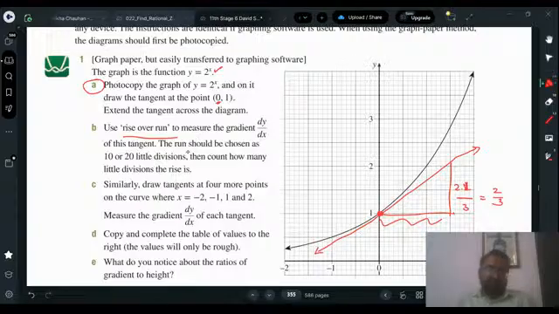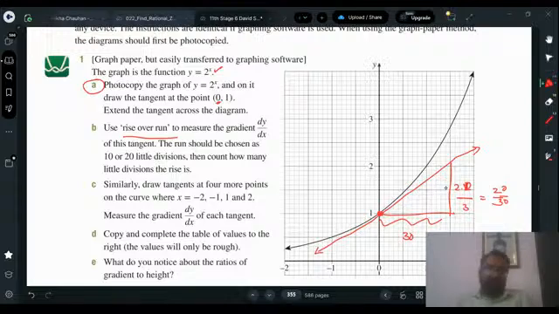Okay. So then the run should be chosen as 10 or 20 divisions. I took 20 divisions. Count how many little divisions are in the rise. So this is the run. Run I took 30, rise I took 20.